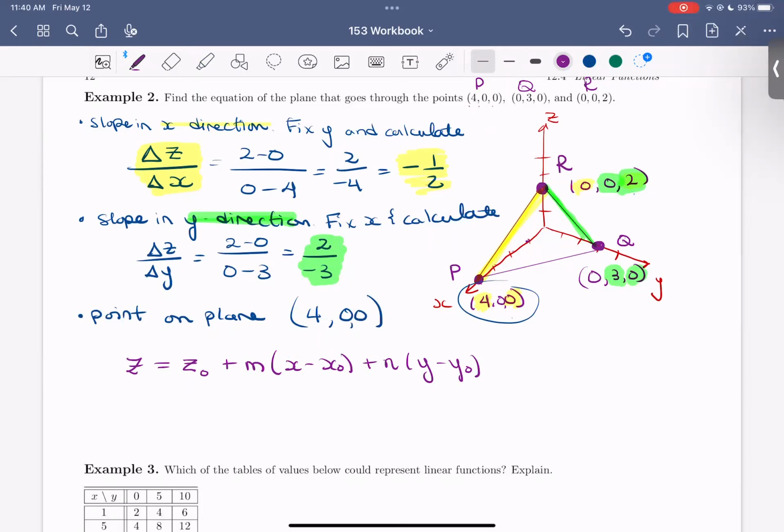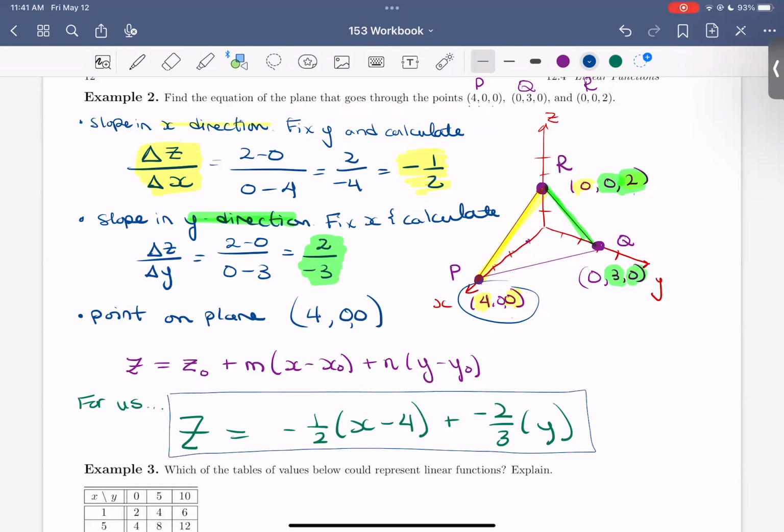Using our slopes and point, the equation will look like z equals 0 plus negative 1/2 times x minus 4 plus negative 2/3 times y minus 0. So the equation of the plane is given by this equation. Awesome, great work.